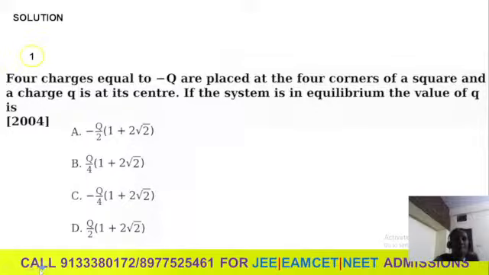Yeah, you can try this question. There are 4 charges. Please write down and try equilibrium. 4 charges equal to minus q are placed at the 4 corners of a square and charge Q is at its center, like this.